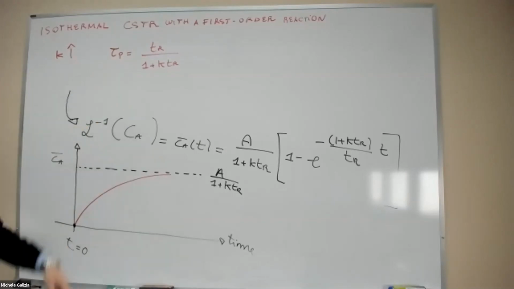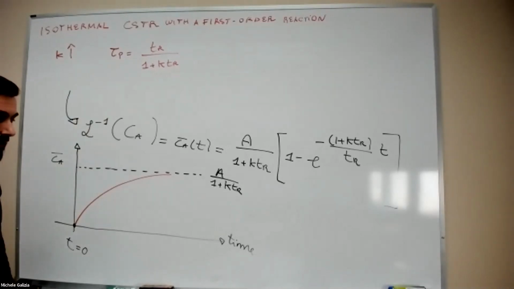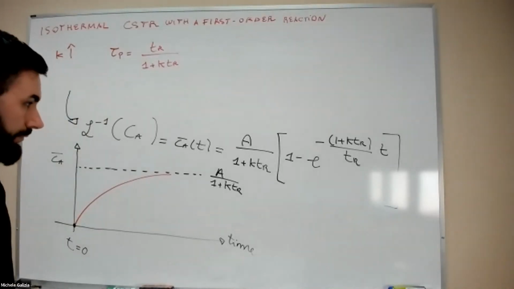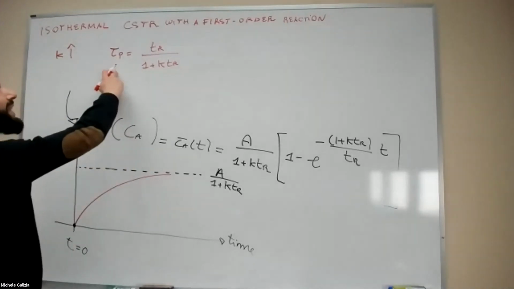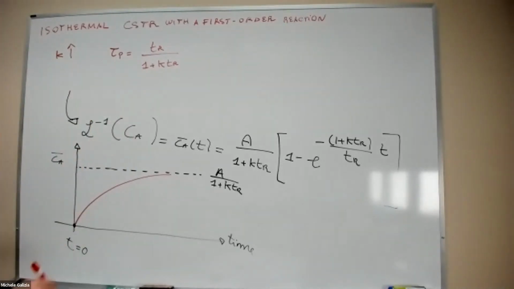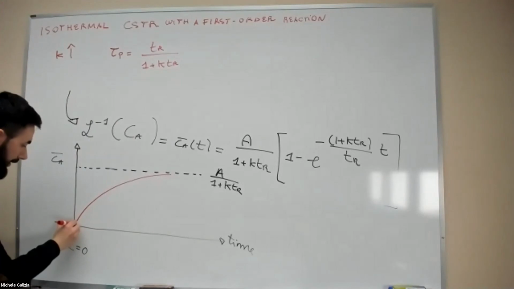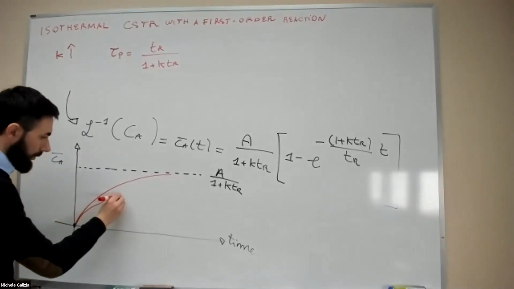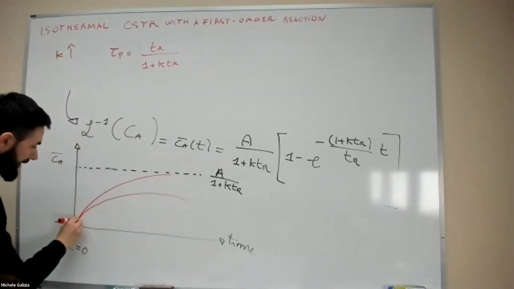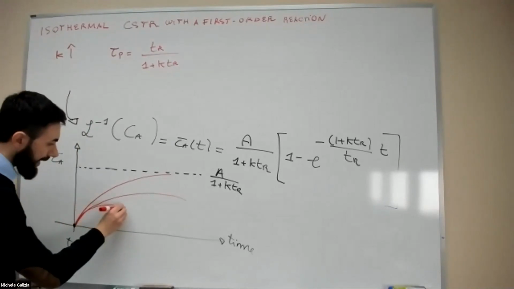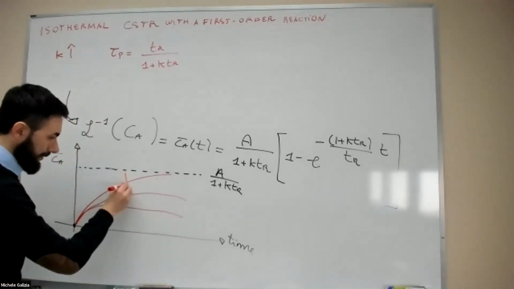And so the response will be faster or slower? If tau P decreases, the response will be faster, and the system will reach a new steady state much faster.